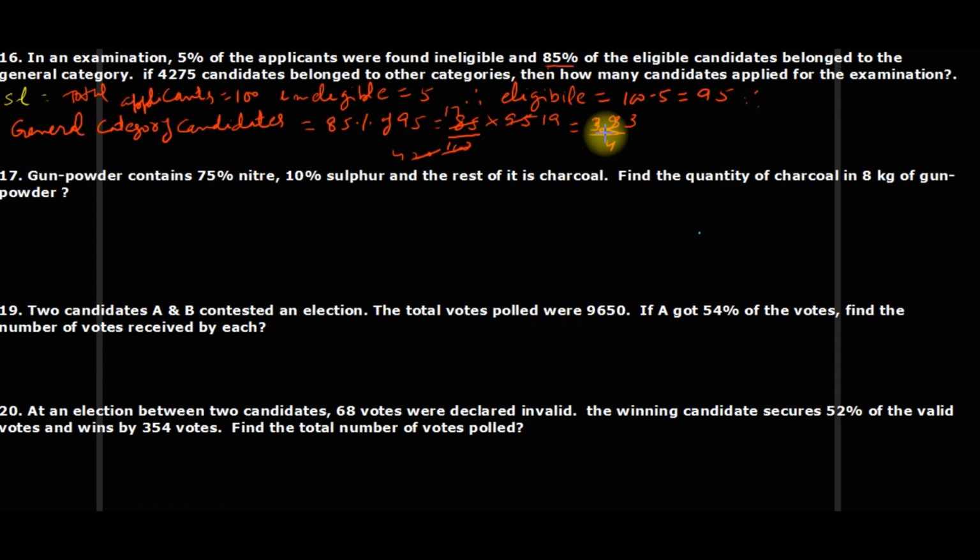the other category candidates. Therefore other category candidates would be equal to 95 minus 323 upon 4.